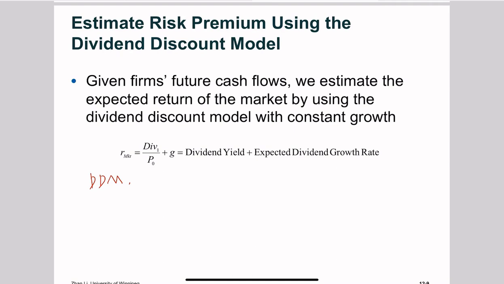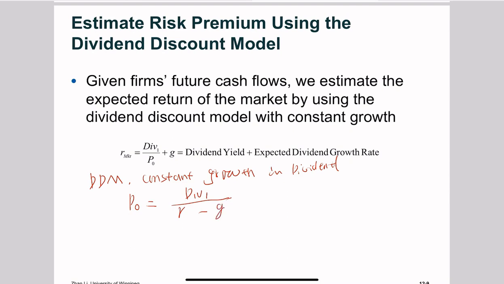What is this dividend discount model about? Well, if you assume there is constant growth in dividend, then the stock price equals next period dividend divided by the cost of capital, or the equity cost of capital, minus the growth rate.